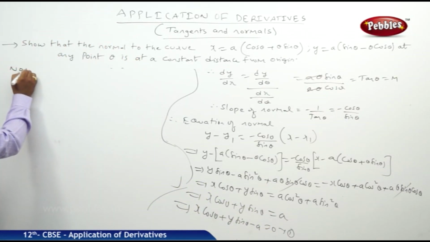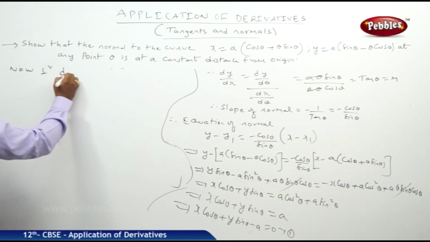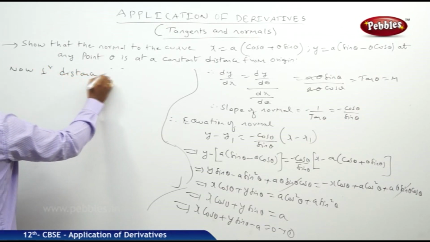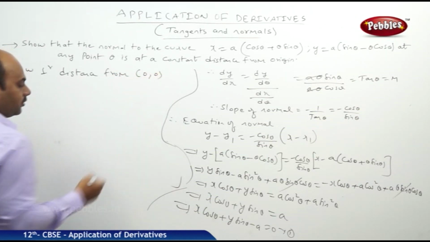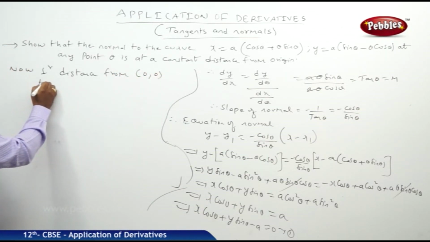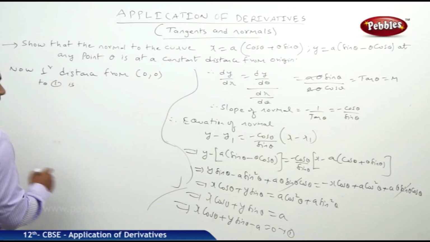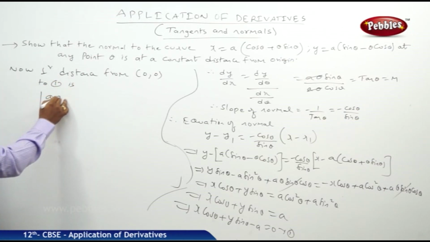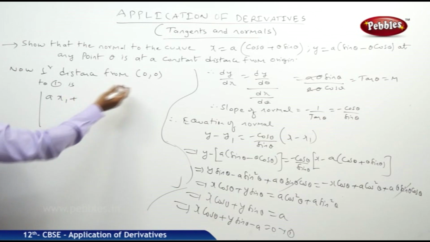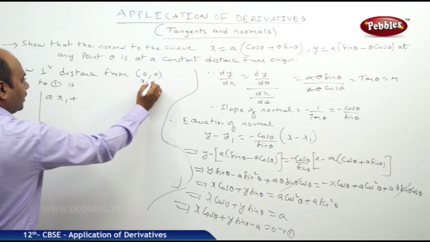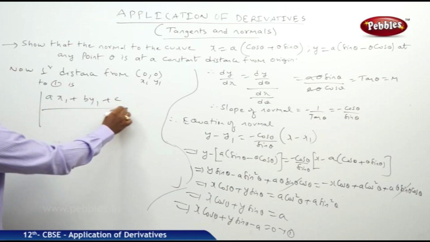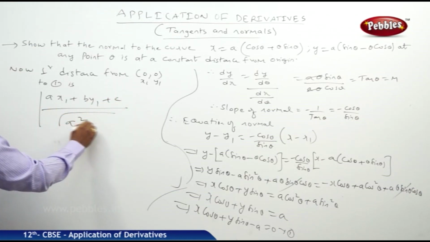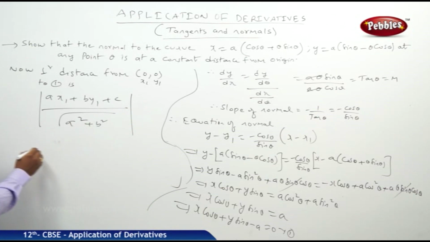Now perpendicular distance from origin means we can write as 0, 0. From origin to 1 is, what is our formula? If suppose point is x1, y1, ax1 plus by1 plus c by under root of a square plus b square.